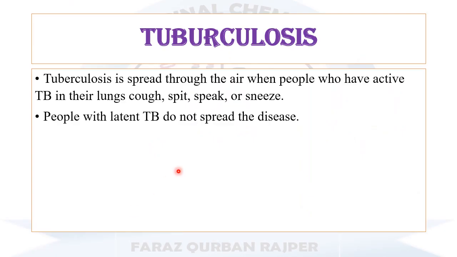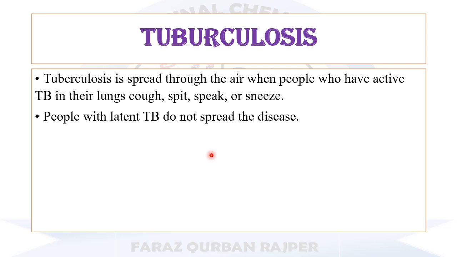Tuberculosis can be a contagious disease because it can be spread through the air by people who have active TB. Whenever they speak, sneeze or breathe, they can carry this microorganism to other people.